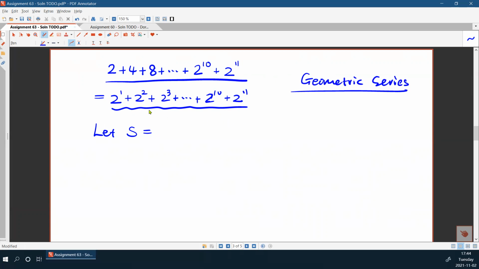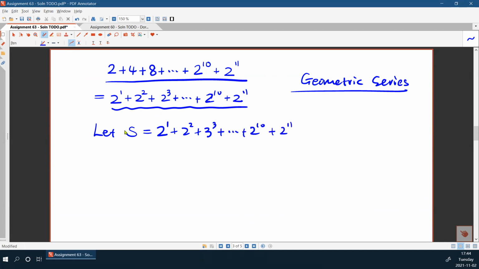Understand? So when you want to find the sum of a geometric series, you can use a similar method. You can use the letter S to denote the sum of all the terms.